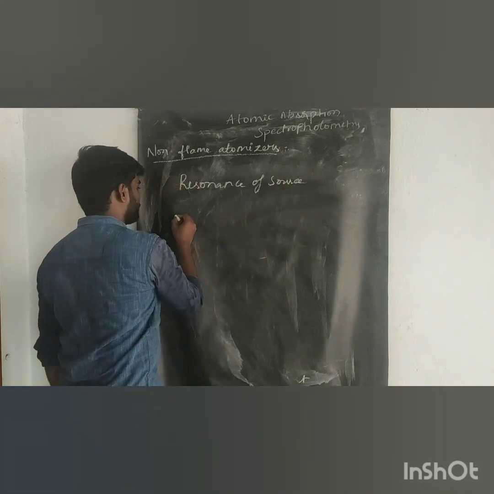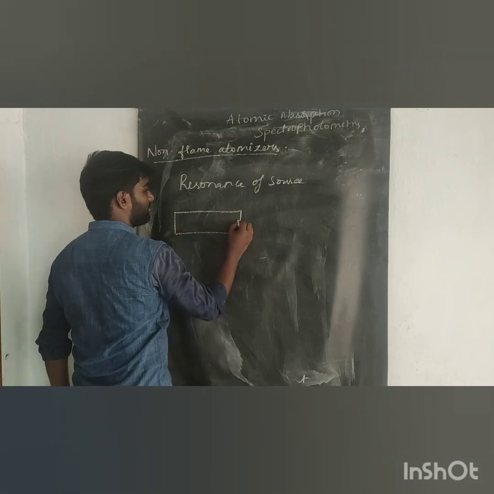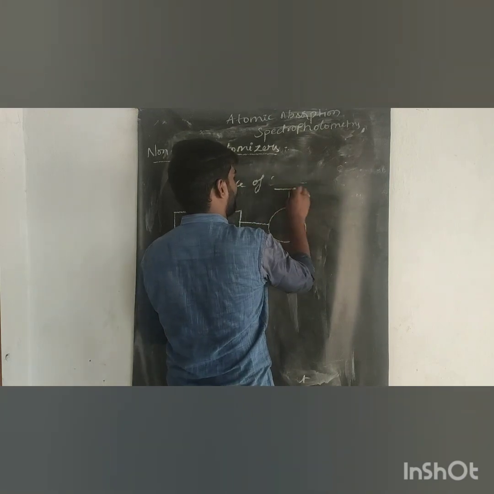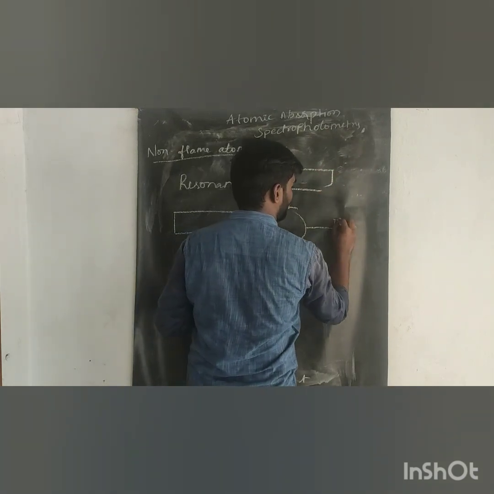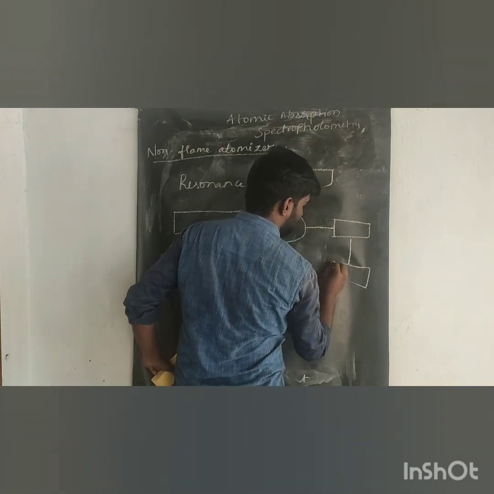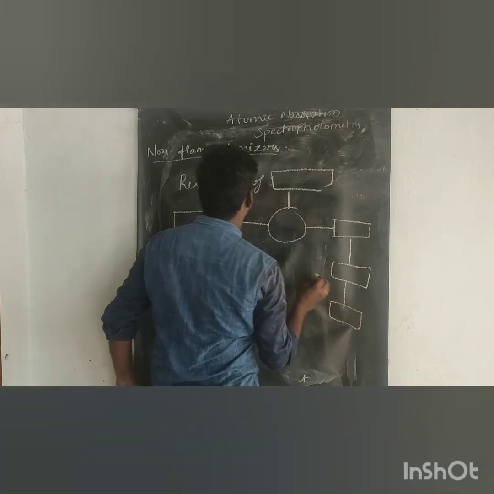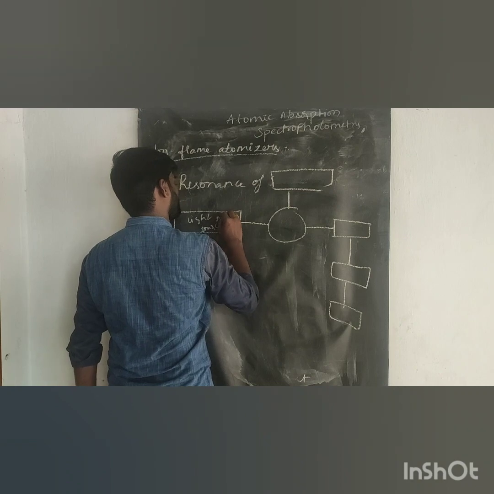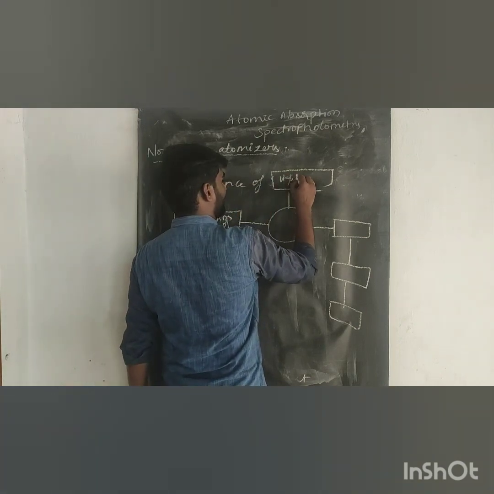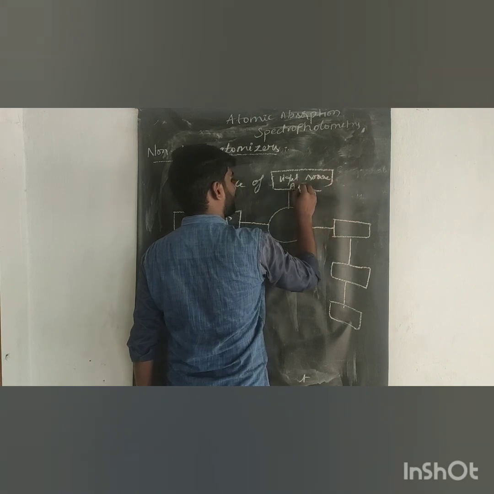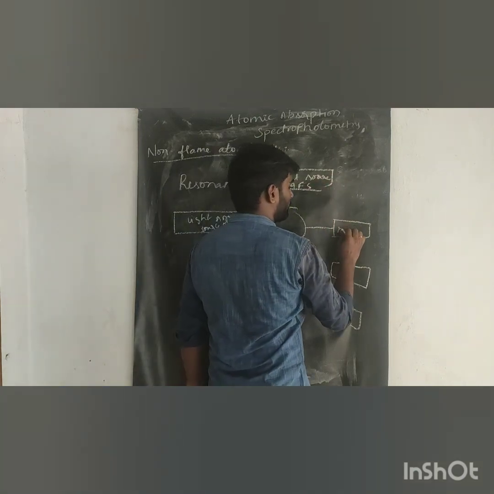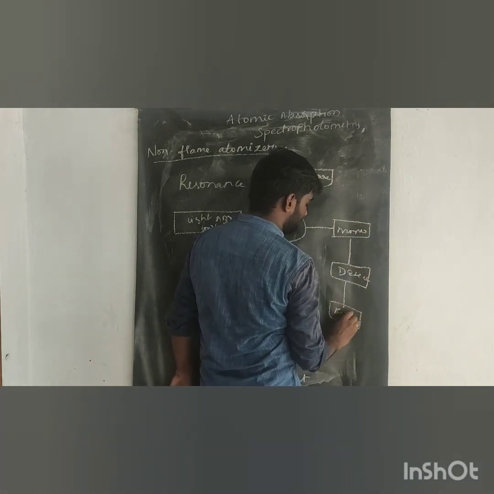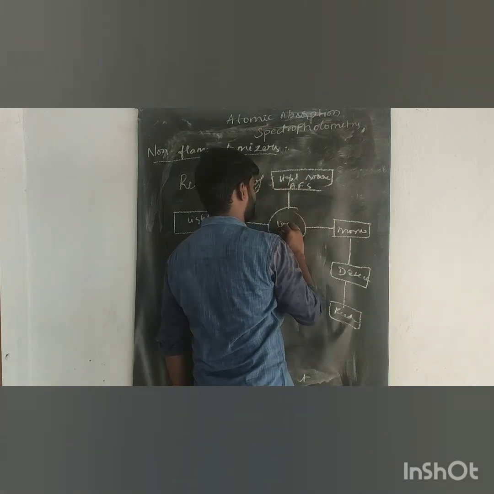Here is the diagram of the light source of atomic absorption spectroscopy, the light source of atomic fluorescence spectroscopy, monochromator, detector, readout device, and this is the resonance line.